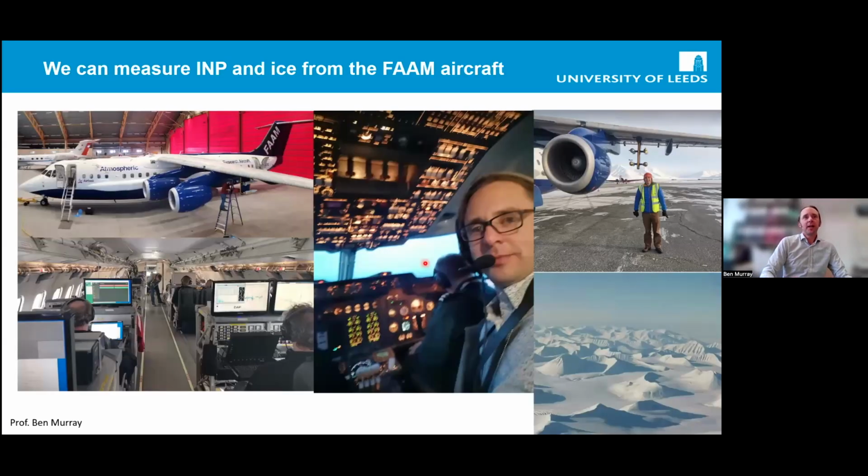So these flights were really quite an experience. So we took the UK's FAAM aircraft. This is the Facility for Airborne Atmospheric Measurements. It's essentially a flying laboratory. It's a very nice facility to have. This is an image on the inside of the aircraft.